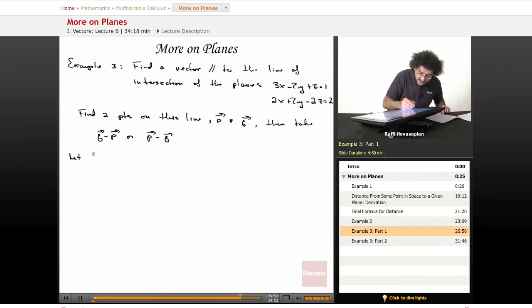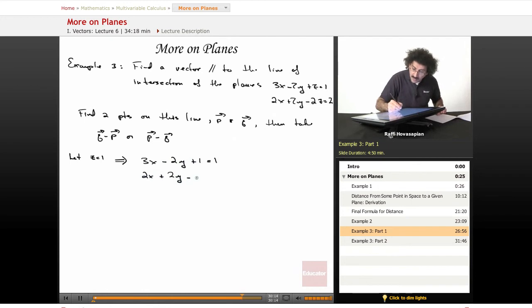Let's start. We will let z equal 1. When z equals 1, these equations become 3x minus 2y plus 1 equals 1, and 2x plus 2y minus 2 times 1, minus 2, is equal to 2.